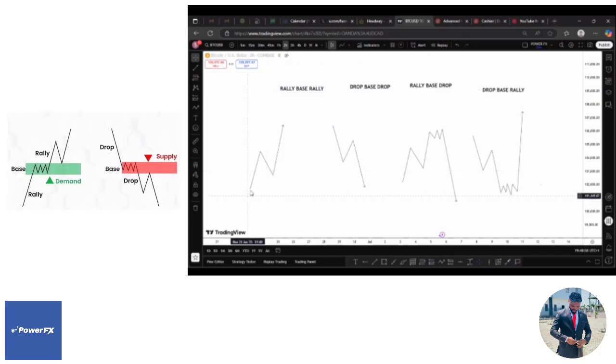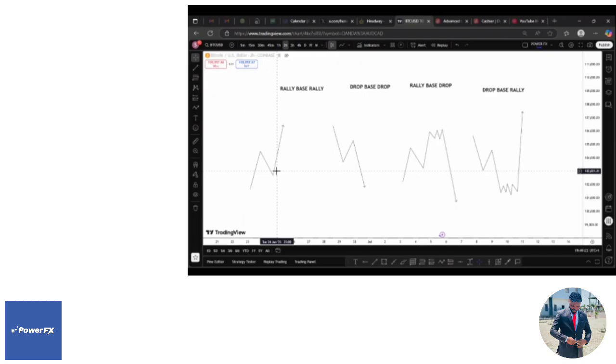The market rallied to the upside, retraced to the downside, created a base, which is the base you have here. Some people call these impulse, correction, and another impulse to the upside. Some people call this the zone, the major zone where the market reacts from, but I call them my base.